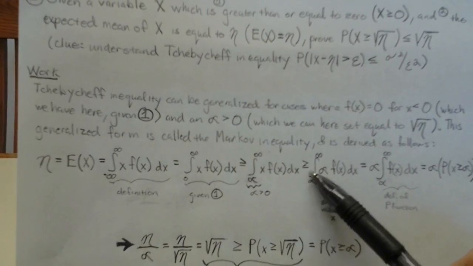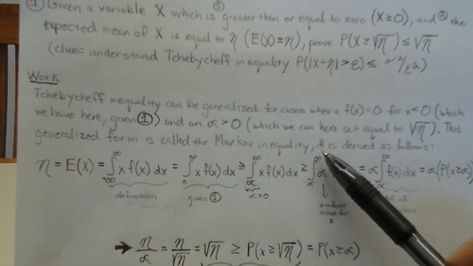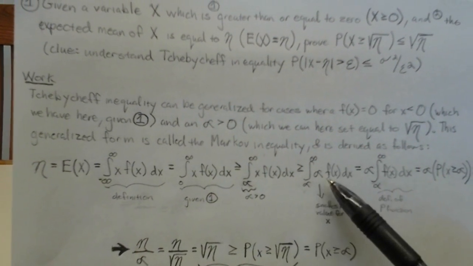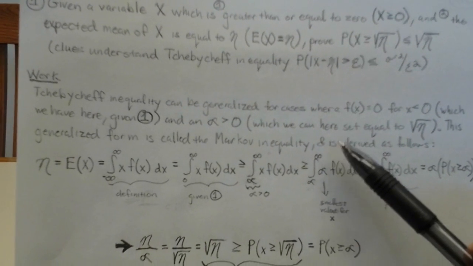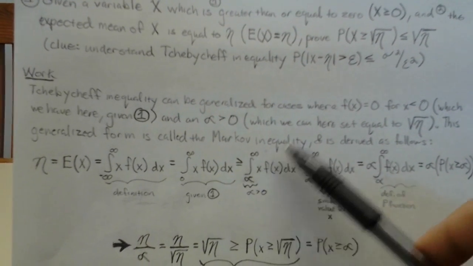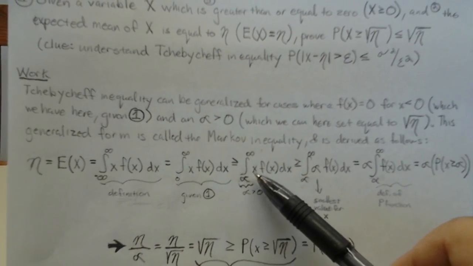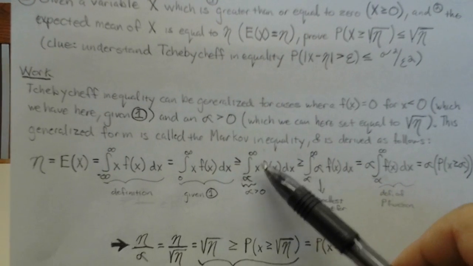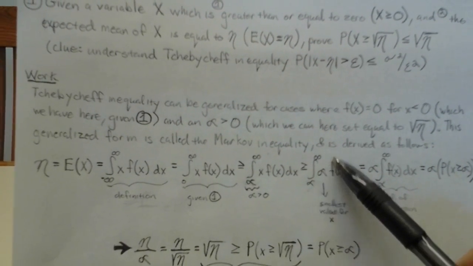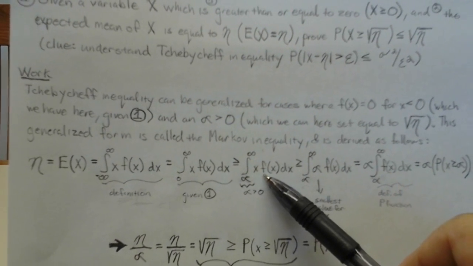Because as we proceed through the different x's, like alpha plus 1, alpha plus 2, alpha plus 3, to infinity, the x's are going to increase. So if we take the very smallest x and use it as a constant, instead of multiplying each subsequent term by a bigger x, this term is going to be smaller than that term.